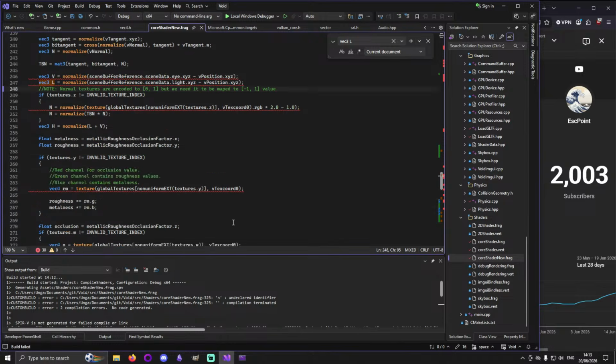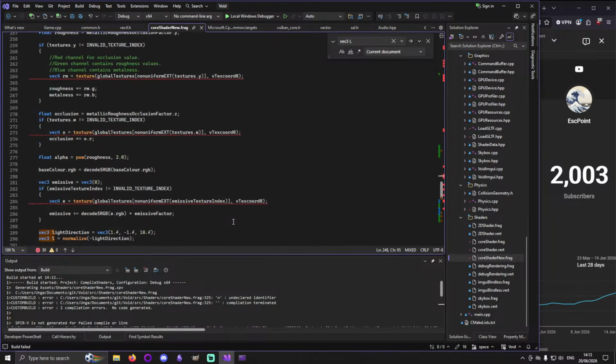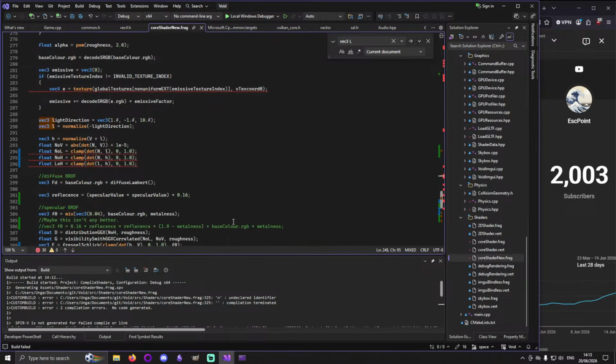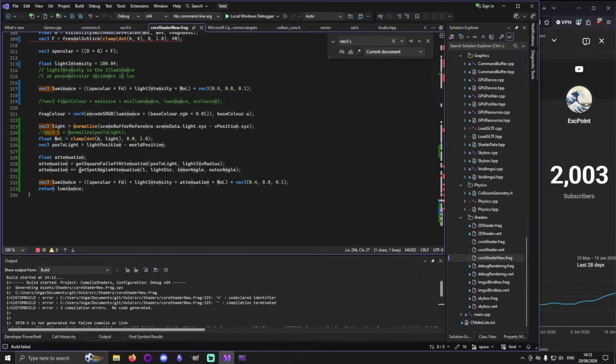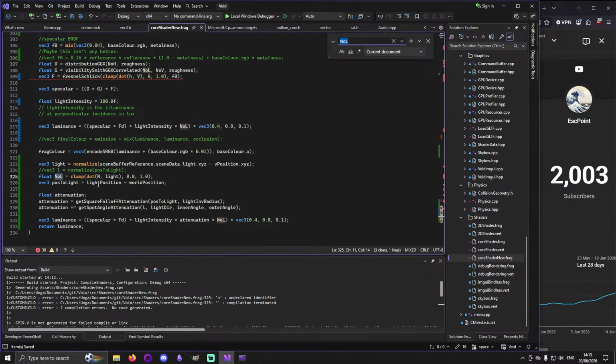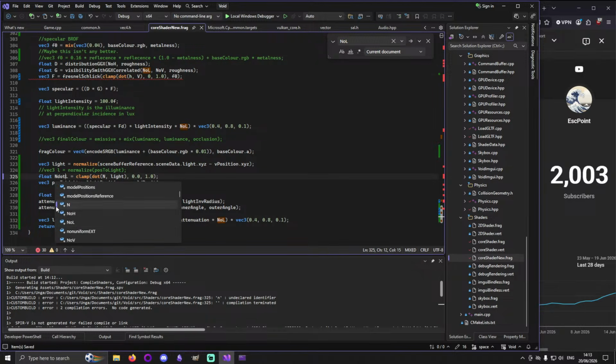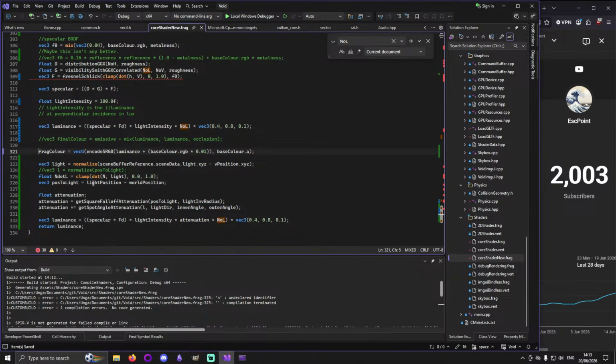So the next error is n is undefined. Where is n? Oh yeah, I think I use a capital N when we're doing this, which is easy enough to fix. We have n.l, which is probably already defined. Yep. Okay, so dot. I'm also going to get rid of this.